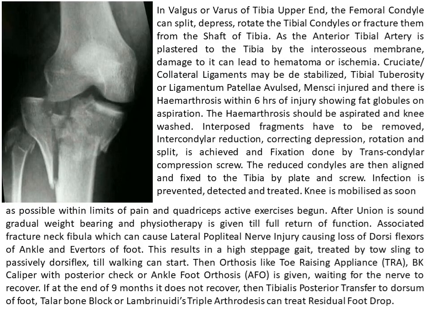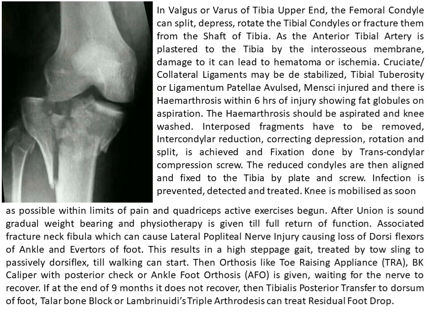In the upper end of the tibia, if there is a valgus or a varus, the femoral condyle can split. There is a split on the lateral side. The depression is on the medial side, and the tibial condyles rotate, and can fracture from the shaft of the tibia, as you see in this X-ray.